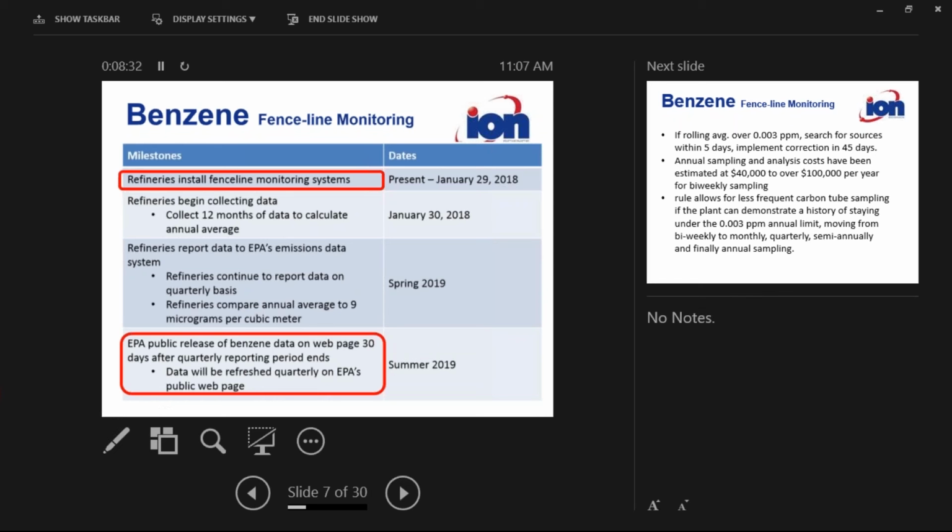From their point of view, they want to be able to demonstrate that data are showing low benzene emissions crossing their fence line. So anything they can do to avoid any benzene released early on before it reaches the fence line, or detect any benzene emitting from any of their processes, is of advantage to them in order to solve the problem early on. And that's where our measurement tools come in.